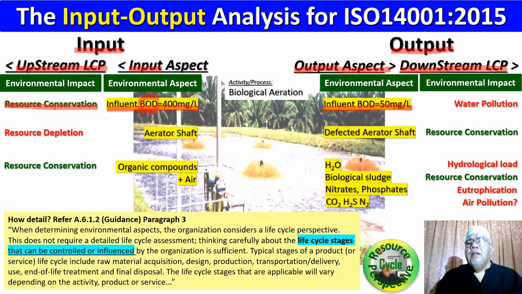So it will definitely cause some form of water pollution because there is still BOD there. There are still nutrients there, nitrates, phosphates, okay? And there are still other organics, but the quality of effluent discharged has met the stipulated regulated discharge limit.